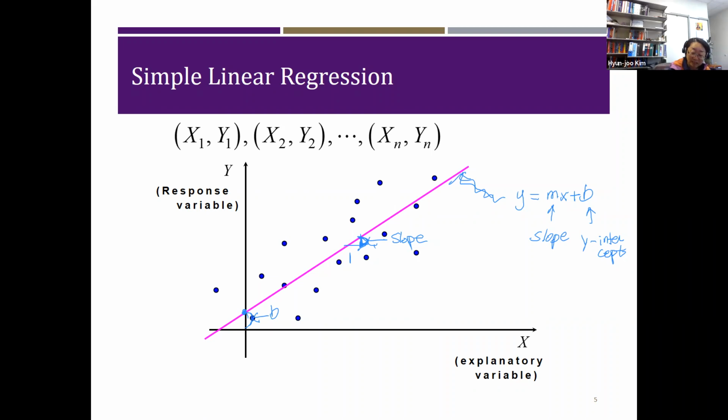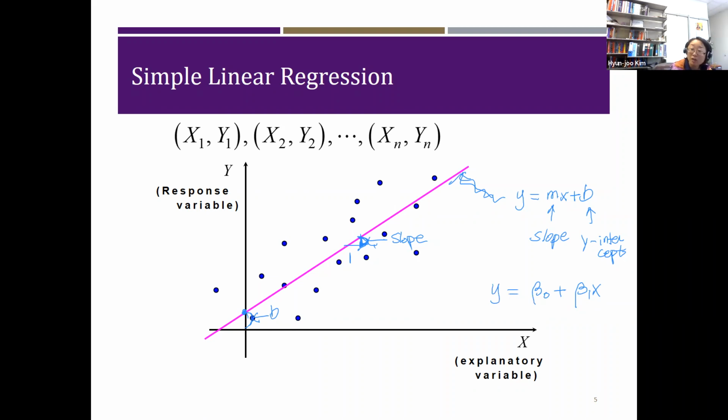So we're going to do exactly the same thing. We're just using slightly fancier notation. Instead of m, we're going to use beta 1, and instead of b, we're going to use beta naught. And then we're just going to put the beta naught first. So y is equal to beta naught plus beta 1x.